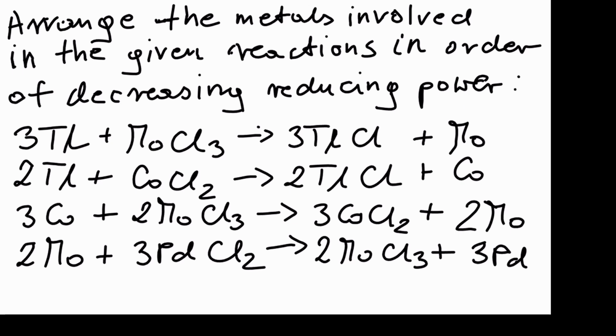So if the metal has a lower potential, as low as possible, the oxidation reaction of this metal proceeds faster. So this metal which undergoes oxidation reaction forces another component to undergo reduction reaction.